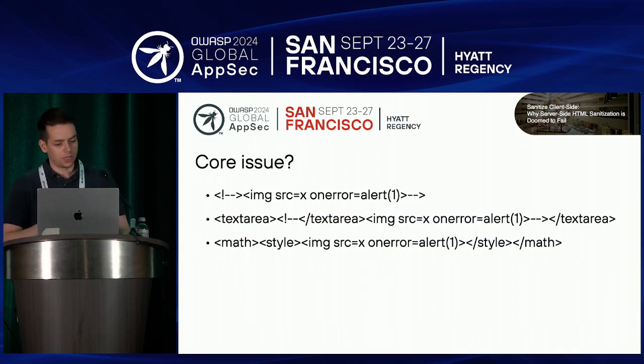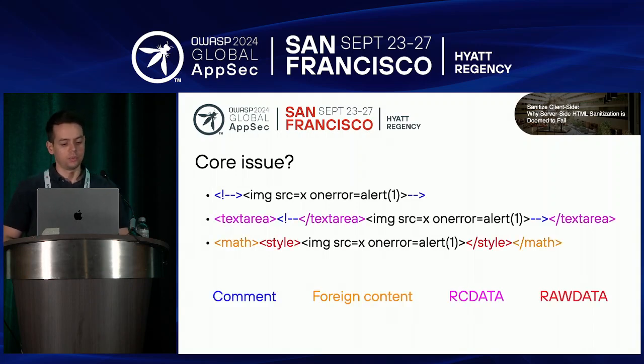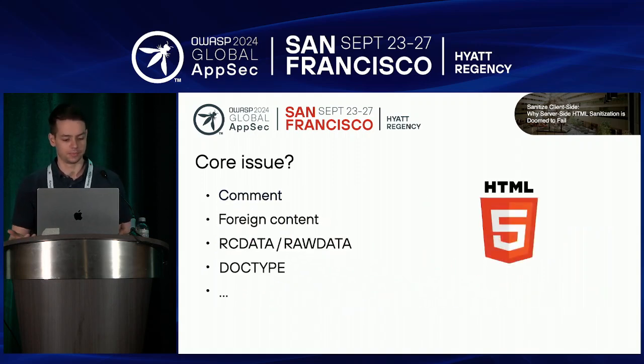So if you look, I pulled up some examples of the payloads that I've shown before. And if we try to split them into different features of HTML, what we will notice is that those features are actually either new or changed in HTML version 5.